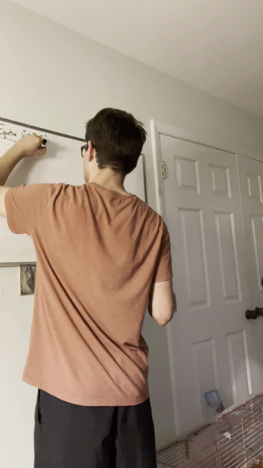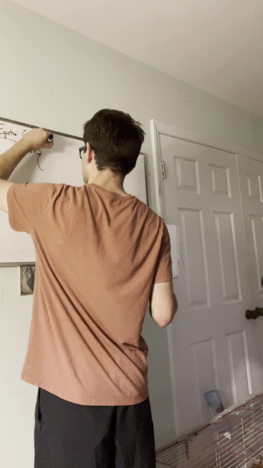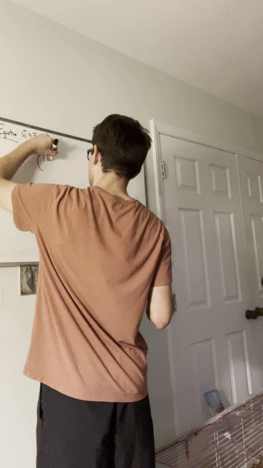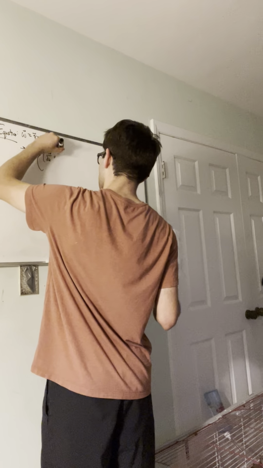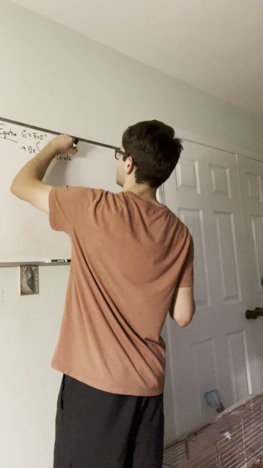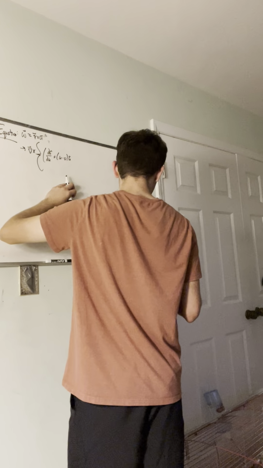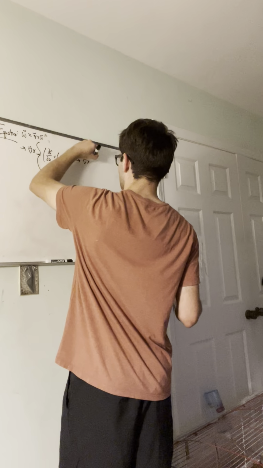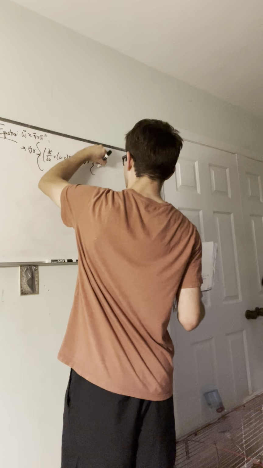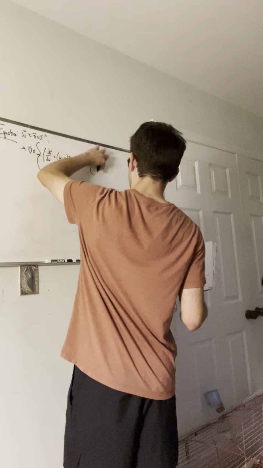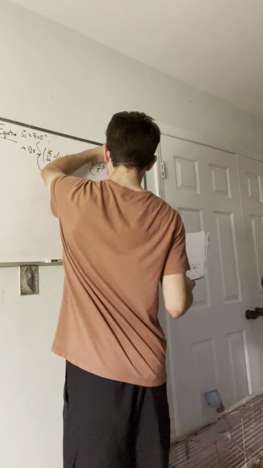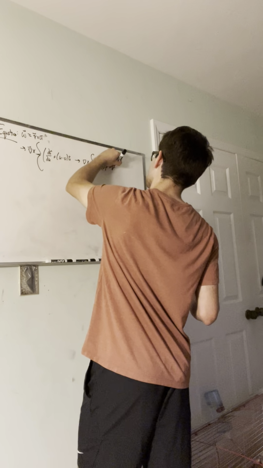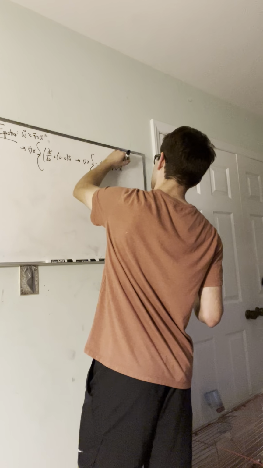Du over dt is the u vector plus u dot del u. Then we get negative 1 over rho del rho plus nu Laplacian u.